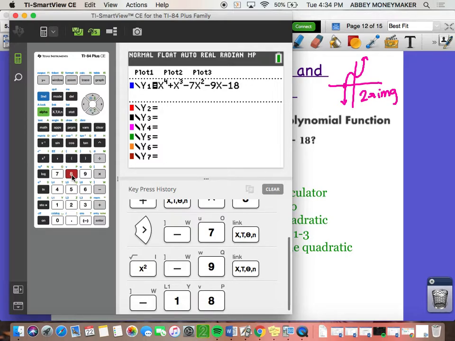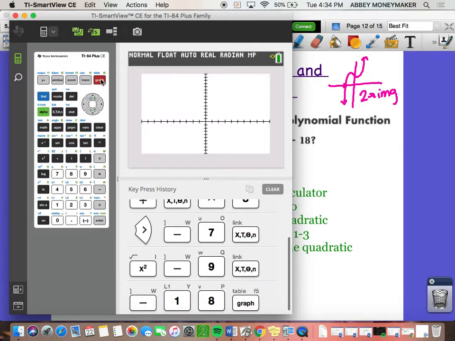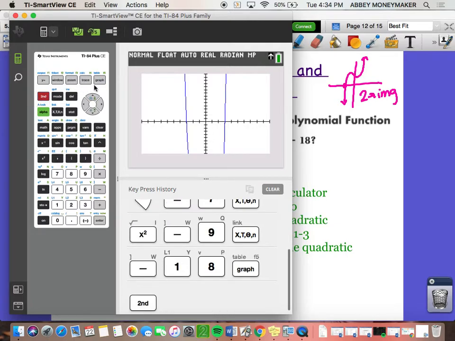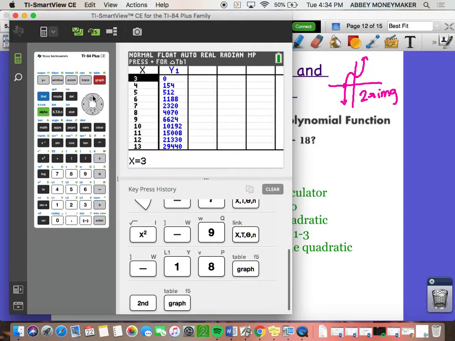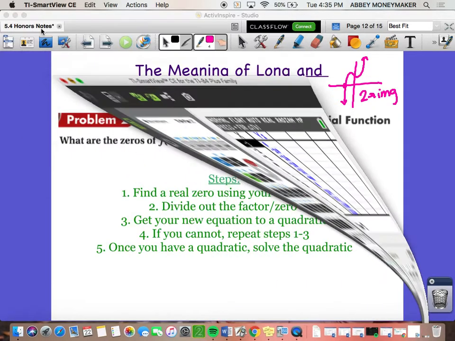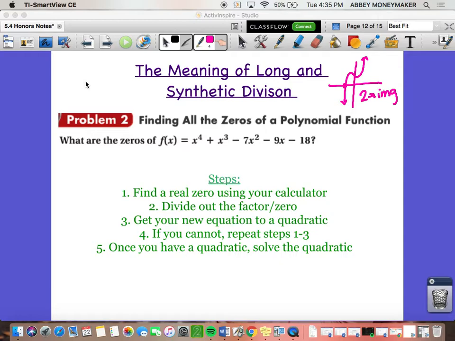Okay, so now we're going to hit graph. And we notice here that it crosses the x-axis in 2 places. So those look pretty obvious. Let's go to the table. And we notice that one of them is at 3 and the other solution is at negative 3. So we have negative 3 and positive 3 as our real solutions.